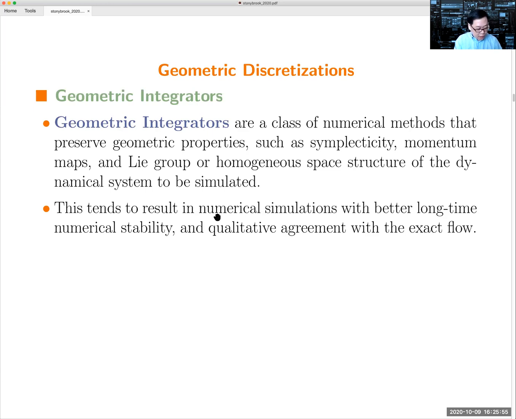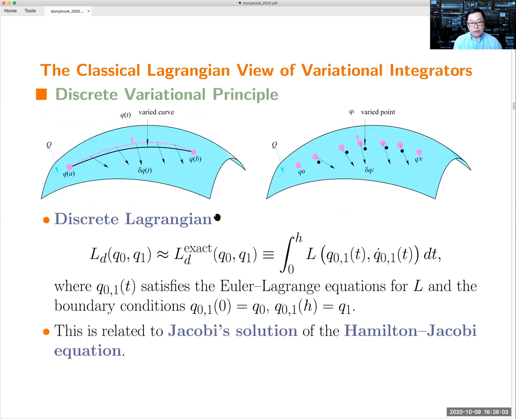So that's one way to think about why geometric integrators are potentially useful for at least certain classes of problems. So the way we do this is by looking at a discrete version of Hamilton's principle. Okay, so Hamilton's principle states that if you have an initial point and a final point, I guess I should have asked whether you can see my cursor.